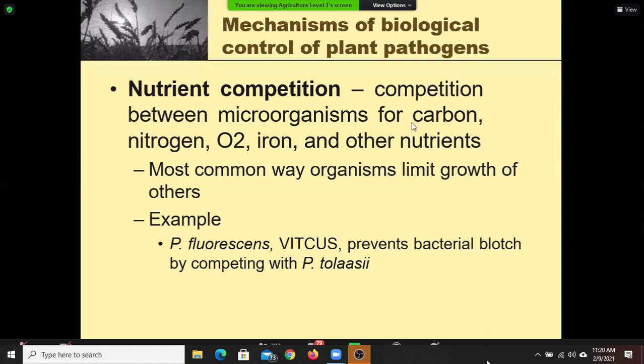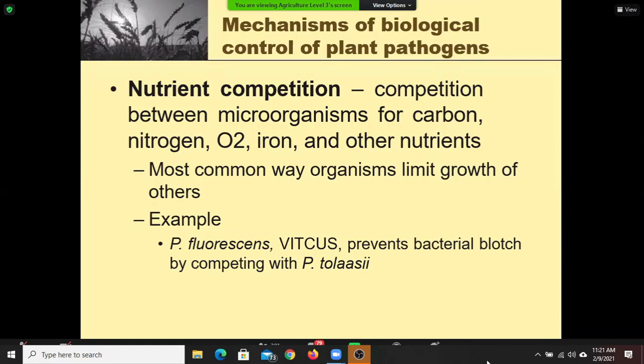These nutrients are required not only for the plant, but also for the microorganism. So what happens when we deploy the biocontrol agent in the environment? The biocontrol agent will take these nutrients, and there will be competition between the biocontrol agent and the harmful microbes or pathogen. In this competition, the biocontrol agents win.